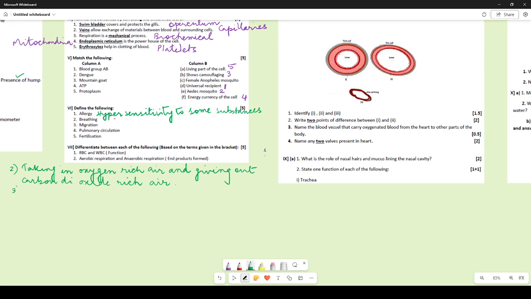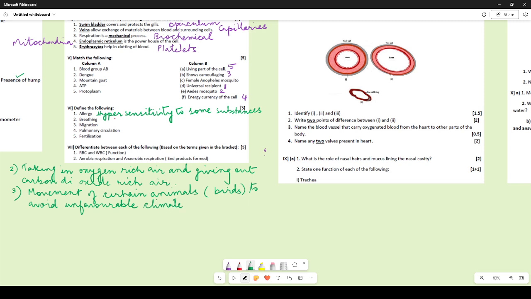Now let us check out what is migration. So this is the movement of certain animals, particularly birds, to avoid unfavorable climate conditions, right?